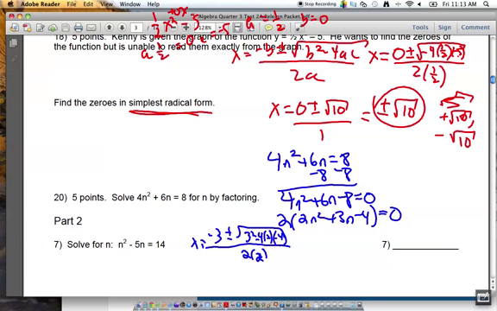So x will equal negative 3 plus or minus the square root of, now that's 9, and negative 4 times 2 is negative 8, times negative 4 is 32, and then, oh okay, 1 second here, that'll get me 41.